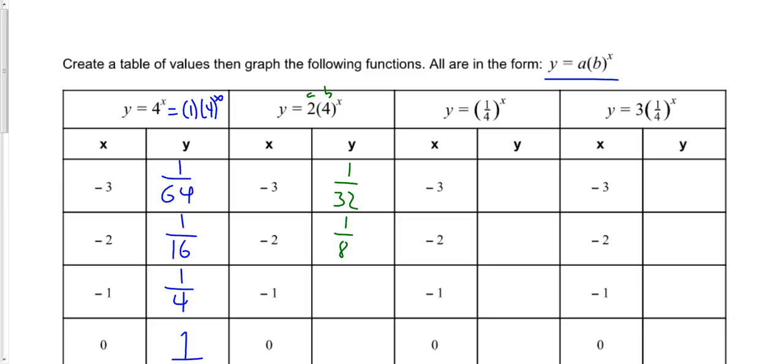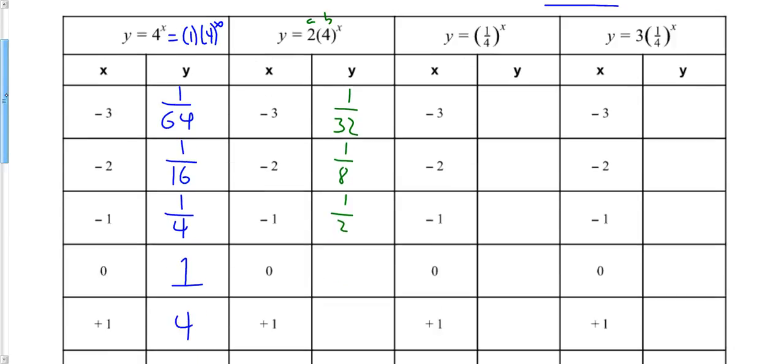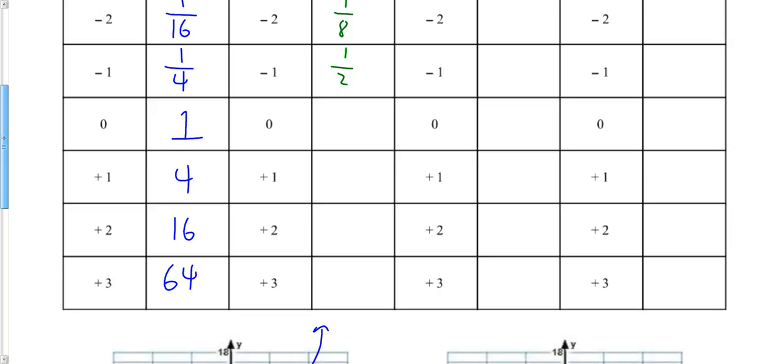If I do 2 times 4 to the exponent negative 1, that should give me 1/2. If I do 2 times 4 to the exponent 0, that should give me 2.